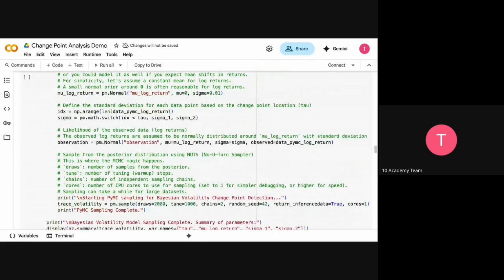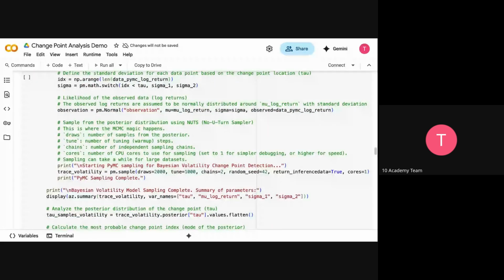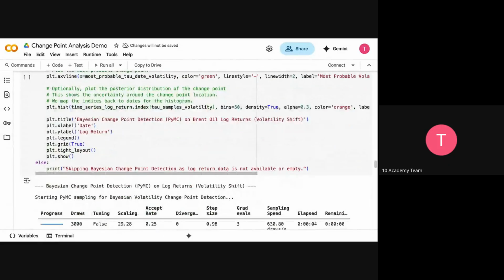So I can use a very small normal prior around zero, which is often reasonable for log returns. Here I have used around zero and a sigma of 0.1. But if you use the real data, these values could change. Then I'm just plotting them and finding the results.